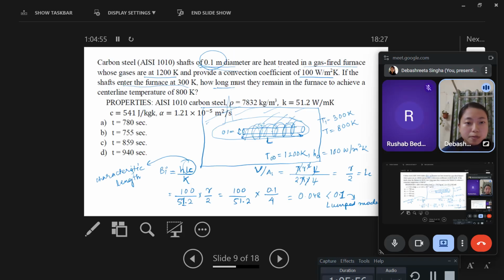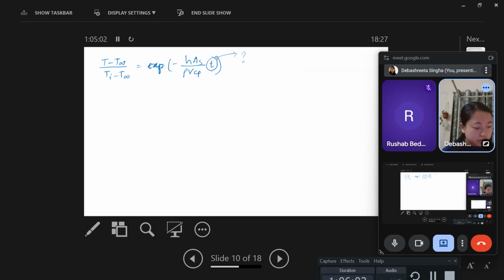Final temperature is 800, initial is 300, and outside is 1200, right?